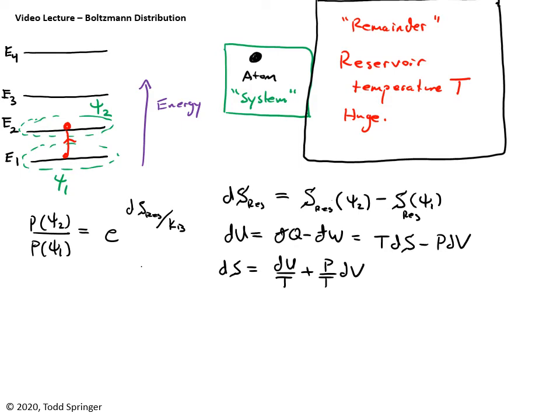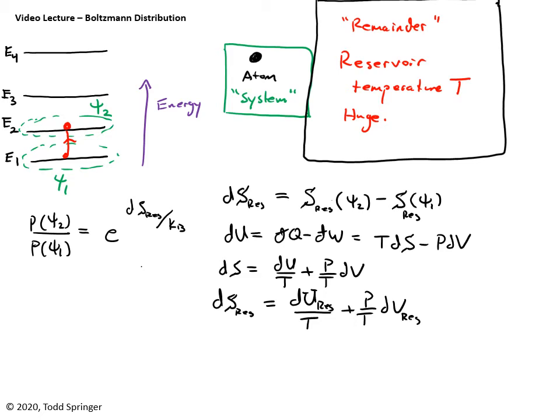So what is the change in entropy of the reservoir when the atom makes this transition? It's the change in energy of the reservoir when the atom makes this transition, plus P over T times dV, the change in volume of the reservoir when the atom makes this transition.